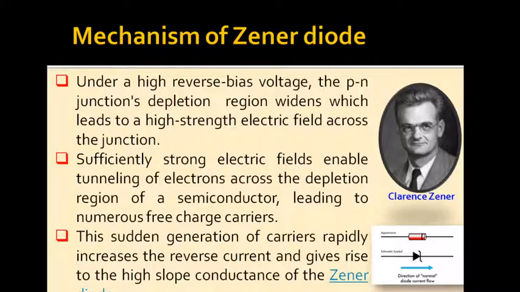Because of a sudden increment of conduction band carriers, you find a sharp increase in the reverse bias current, and this phenomenon is known as the Zener effect, especially observed in the Zener diode reverse bias region.